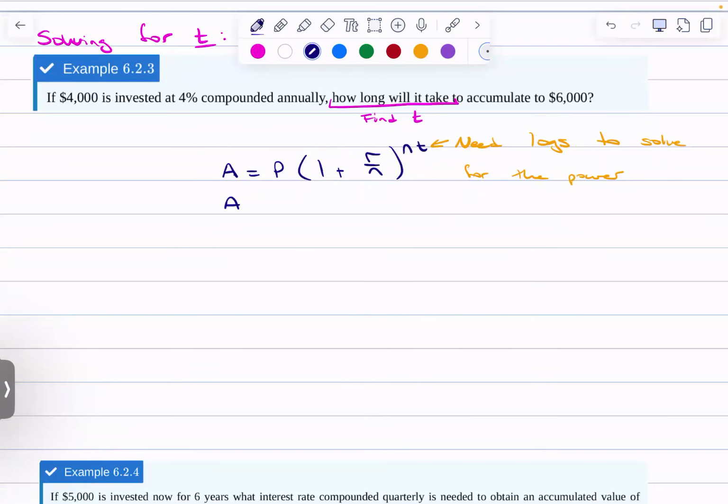And so I have A over P is 1 plus R over N to the N times T. Oh, it's gonna get gross. Anyways.